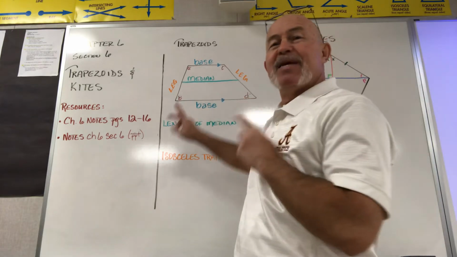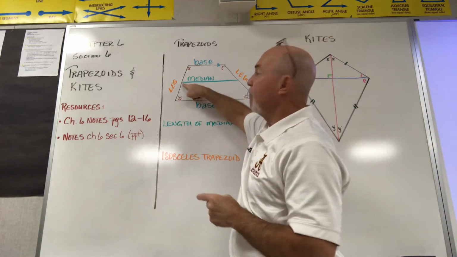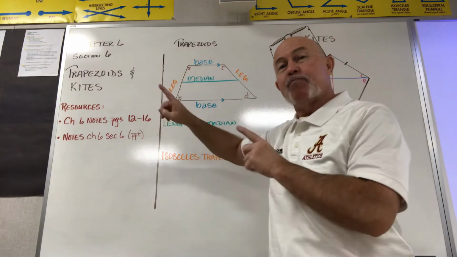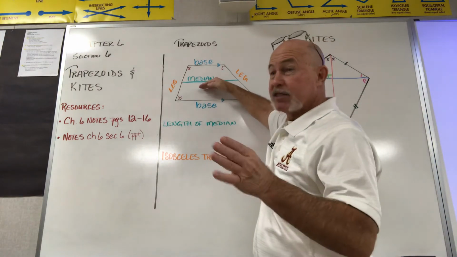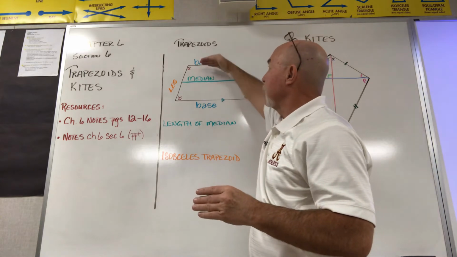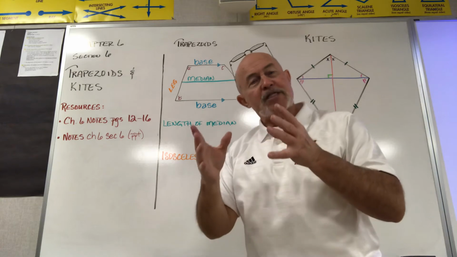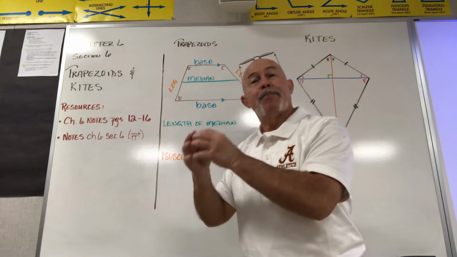This is the median. It joins the midpoint of each leg, so that means it is parallel to the bases. Okay, so let's stop for a second and think about parallel.